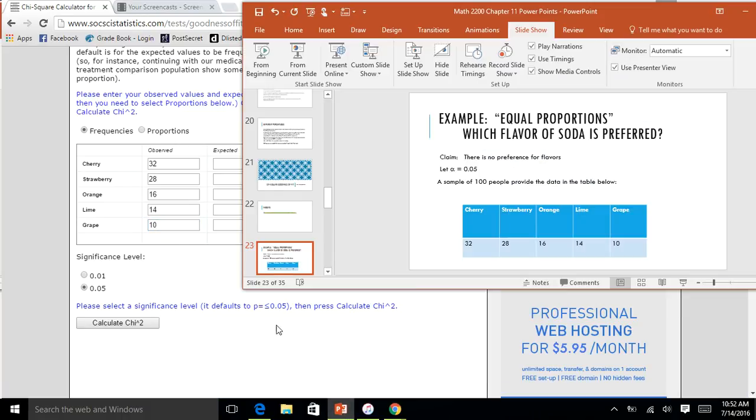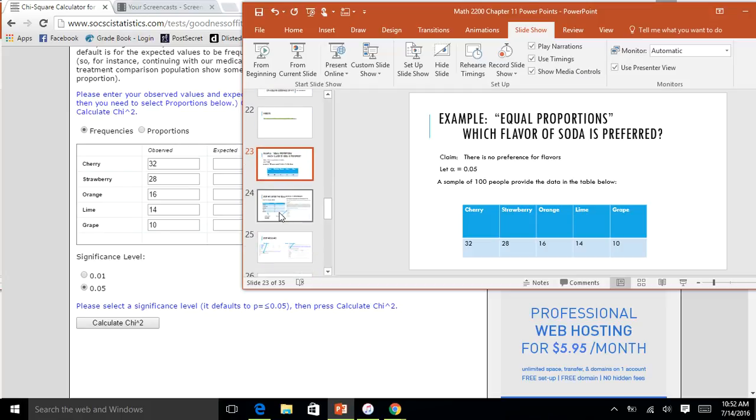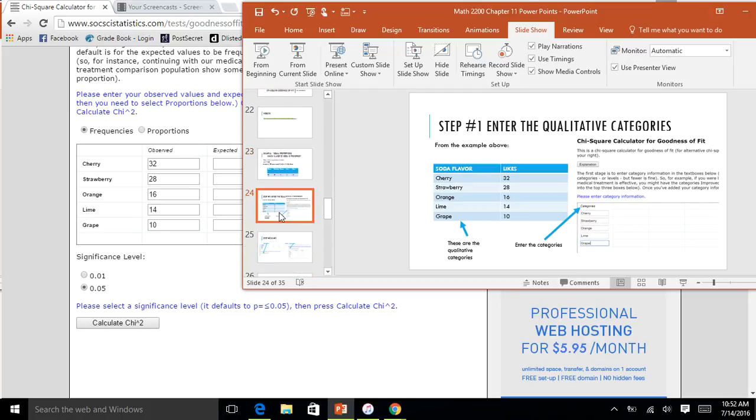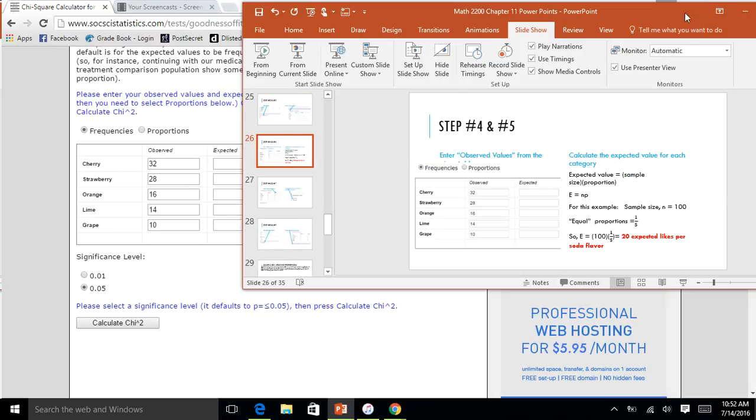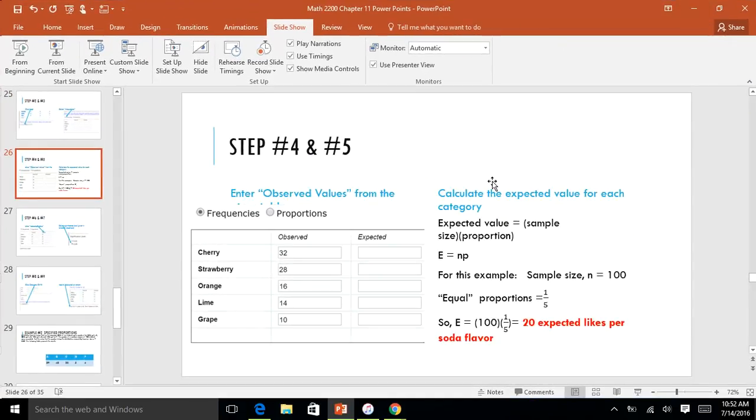Okay. So the next thing it wants me to do is my expected, right? So I'll show you the math we did for the expected. Remember, your expected is your N times your P, or your sample size times your percentage or your proportions. So how many categories do I have? I have 5.